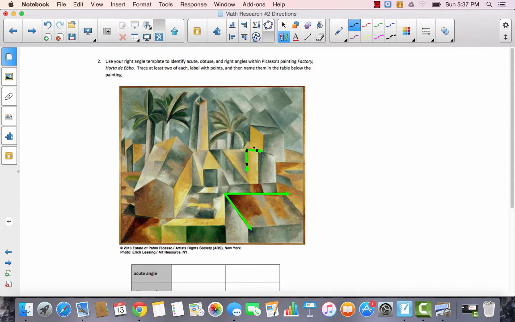So I'm going to call this angle A, B, C, and I'm going to put 3 points on this angle, and I'm going to call this one D, E, F. And I'm going to go ahead and label them down here. So I've got angle, there's my angle symbol, A, B, C. Now remember, it could also be angle CBA. And I've got angle D, E, and F.